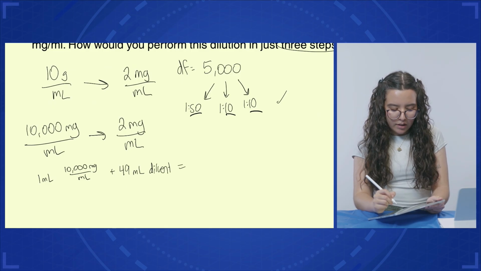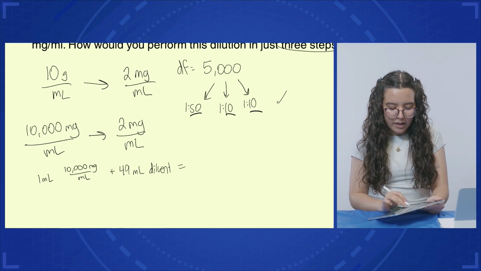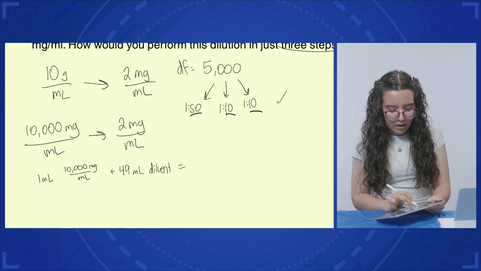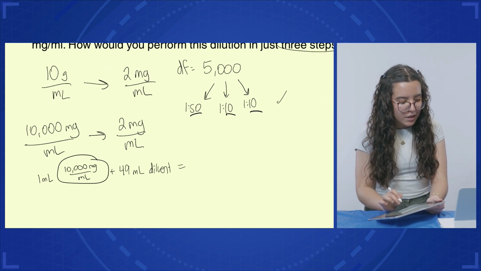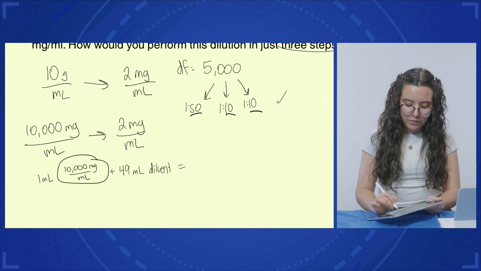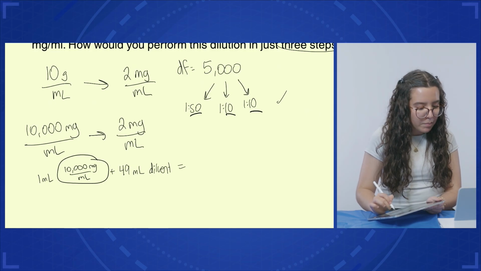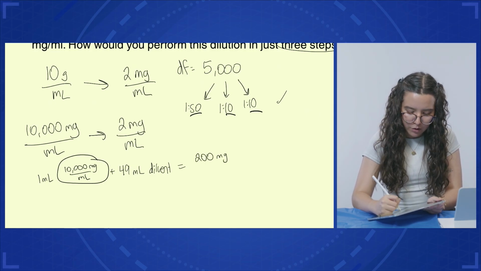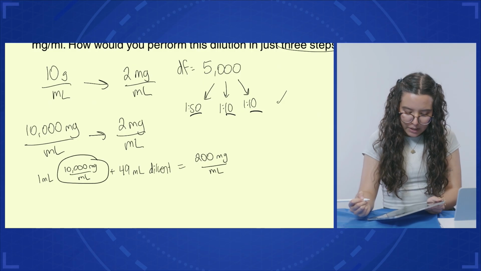And again, that is just a 1 to 50. So you can just divide this number by 50 to give you your final concentration for this step, and that comes out to 200 milligrams per milliliter.